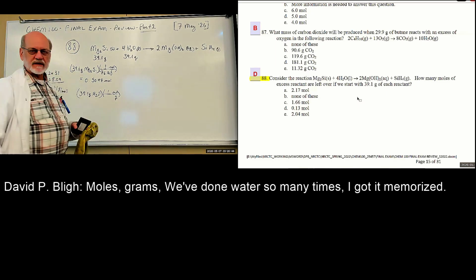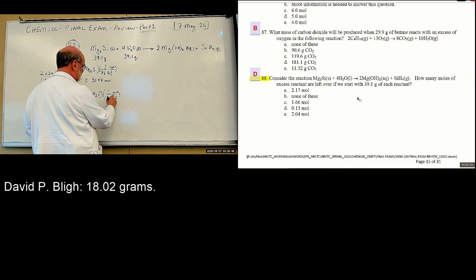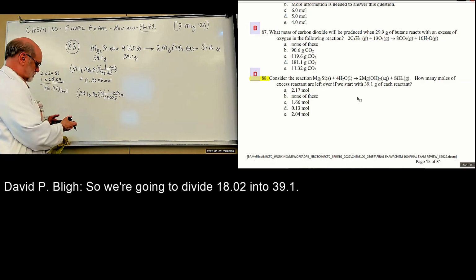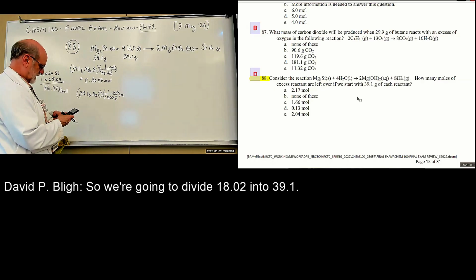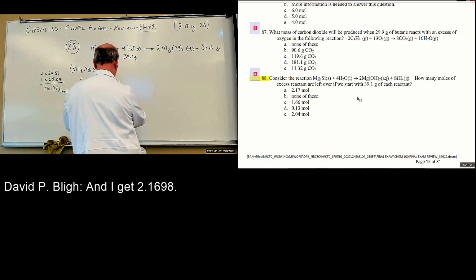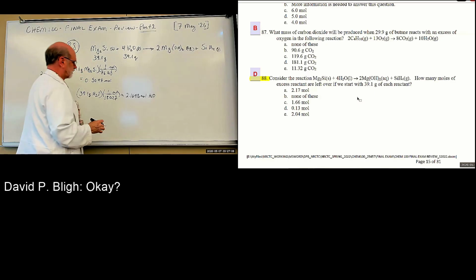We've done water so many times, I've got it memorized. 18.02 grams. So we're going to divide 18.02 into 39.1. And I get 2.1698 moles of water.